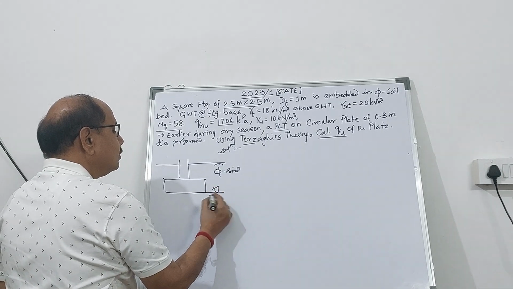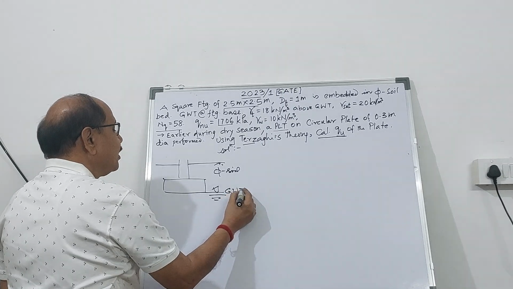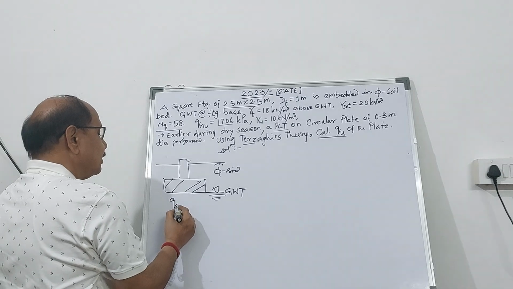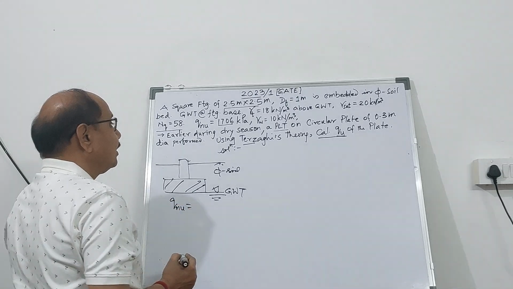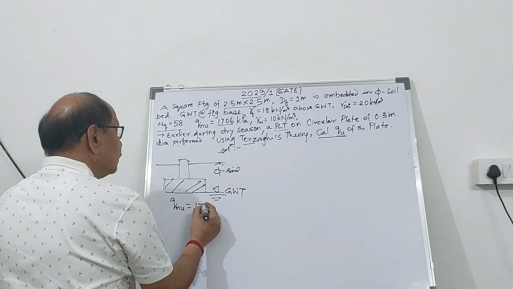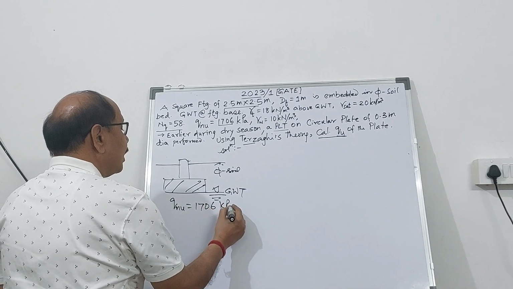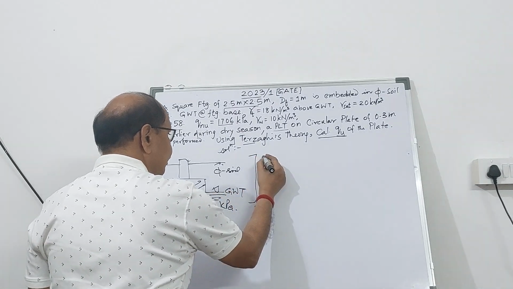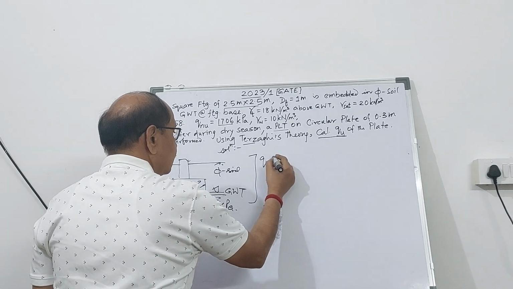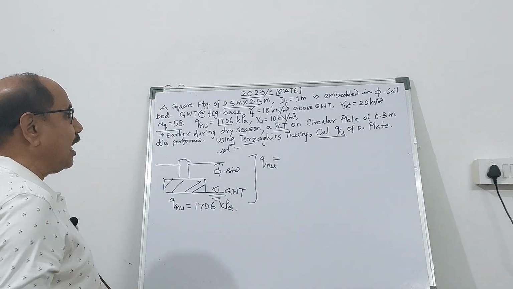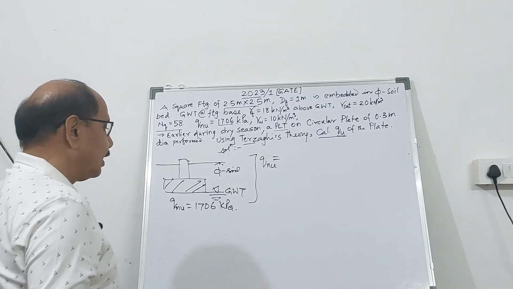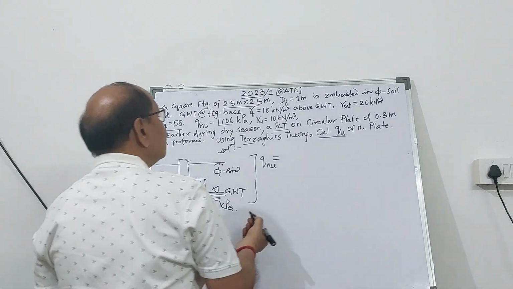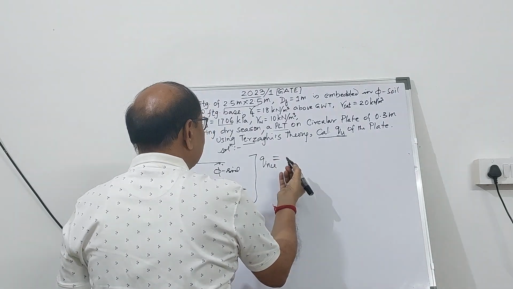The groundwater table is touching the base of this footing, and the net ultimate bearing capacity is given so much of kilopascal. So what is the formula for net ultimate bearing capacity? Because it's a phi soil, the first part is not going to be in picture.